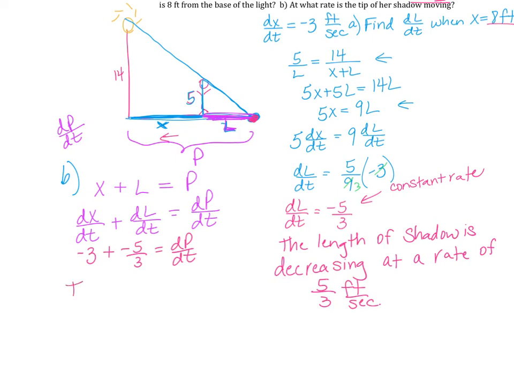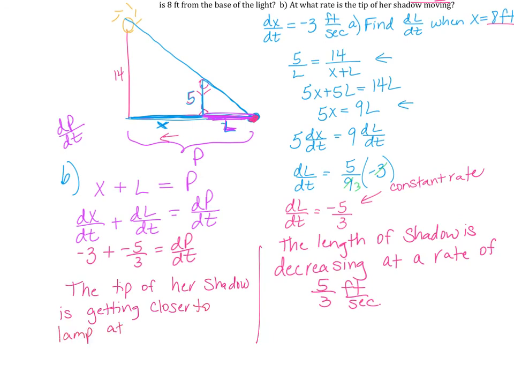So you can say the tip of her shadow. Now again, here's some interpreting. The tip of her shadow is getting closer to the lamp at a rate of 14 over 3 feet per second.